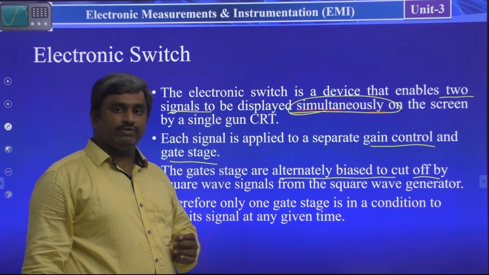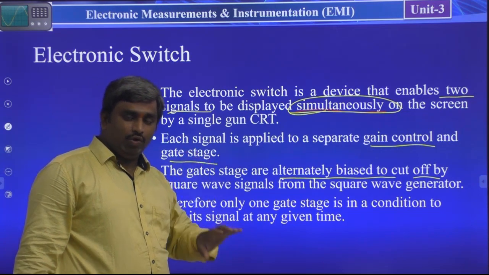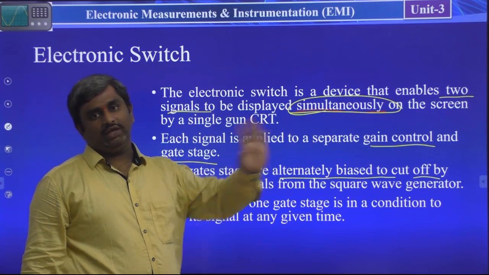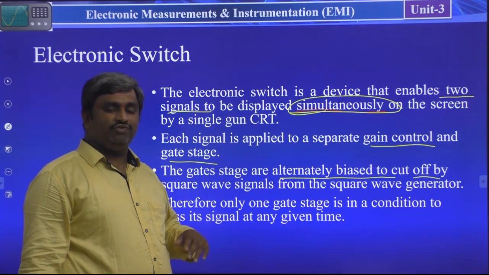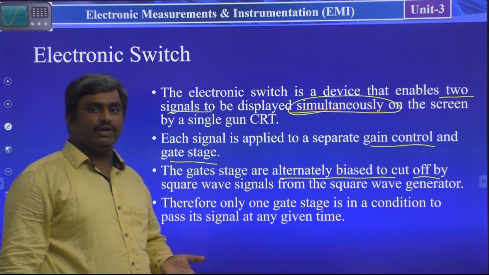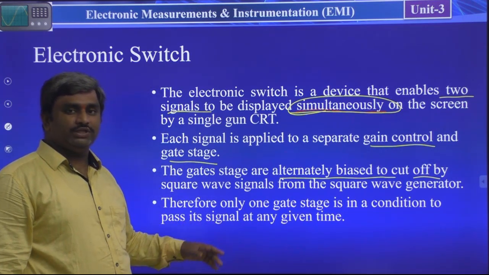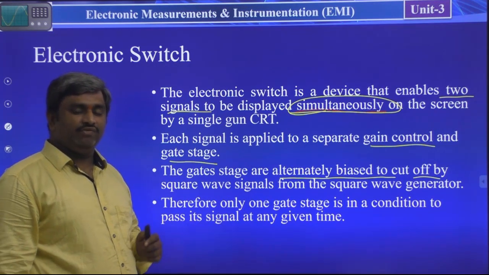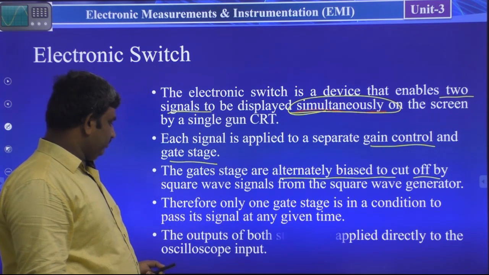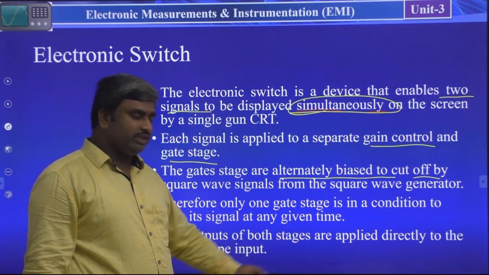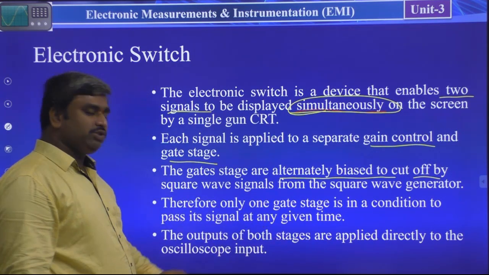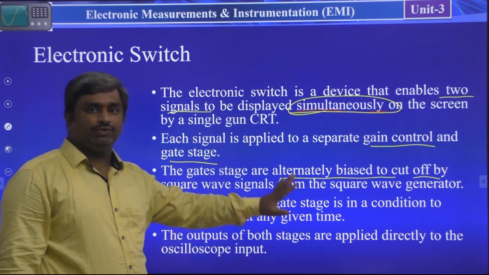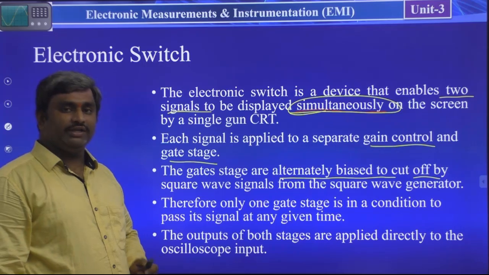If the square wave is at the low amplitude value, it passes one gate's information to the vertical amplifier. Otherwise, if it is in the other state, it sends the other gate's input signal to the vertical amplifier. The outputs of both stages are applied directly to the oscilloscope inputs, so finally it is connected to the CRT.